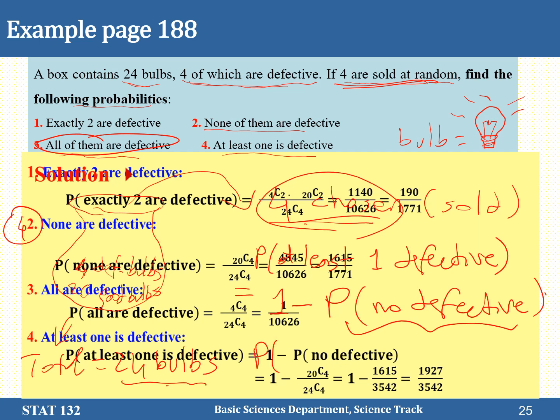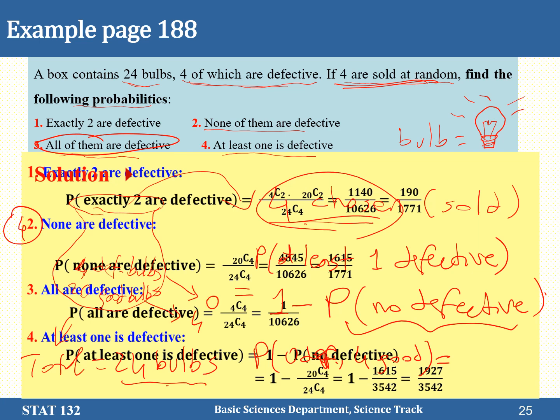No defective means 0 defective and 4 good. So in the same way we calculate, as in the previous cases, we choose 0 from 4 and 4 from 20.